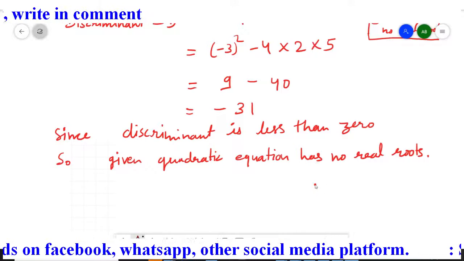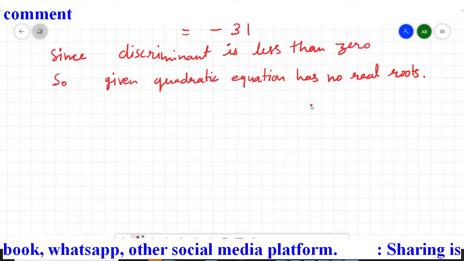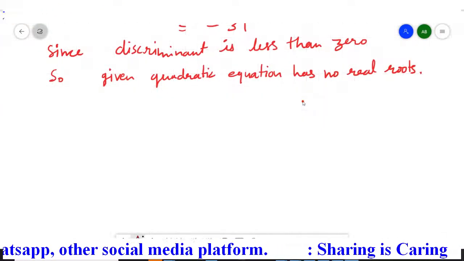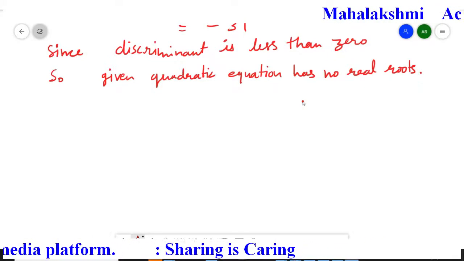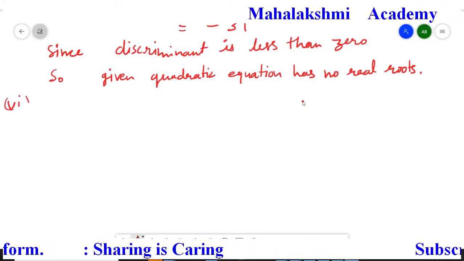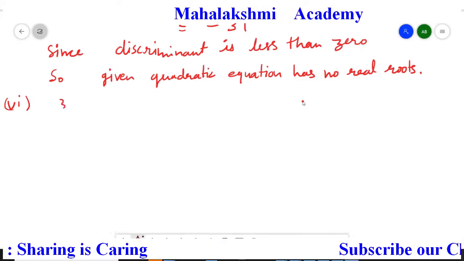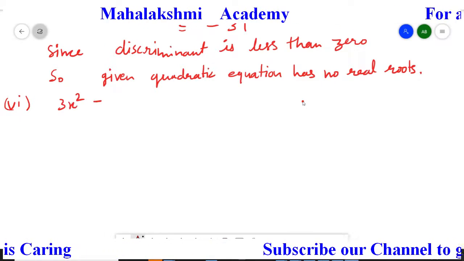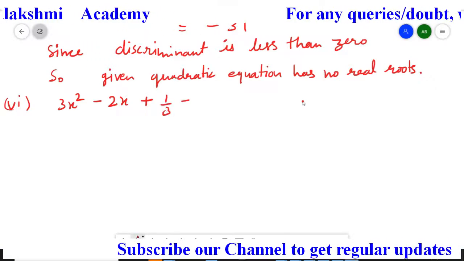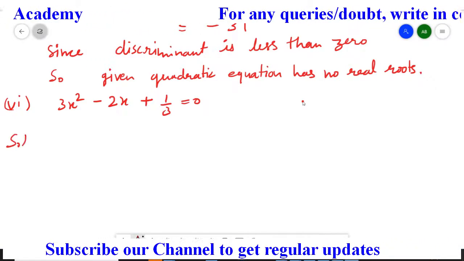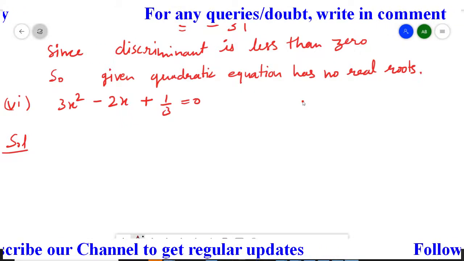In the same way, I am going to do the sixth part of the same question. Remaining parts are similar, so you can try them. The sixth part of this same question is 3x squared minus 2x plus 1 upon 3 equal to 0. Firstly, this quadratic equation is not in standard form, so we'll convert it.